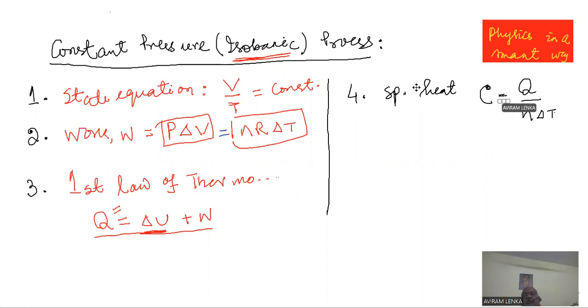So here C is replaced by Cp, constant pressure specific heat. Let me write it here. So Cp equal to Q by n delta T.